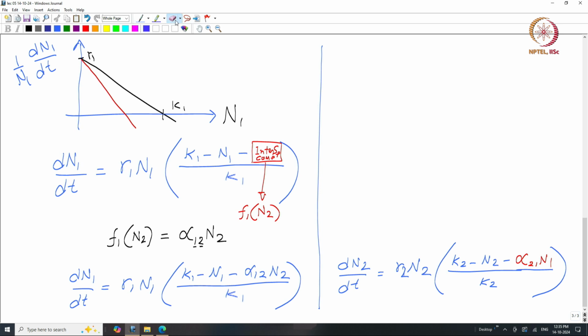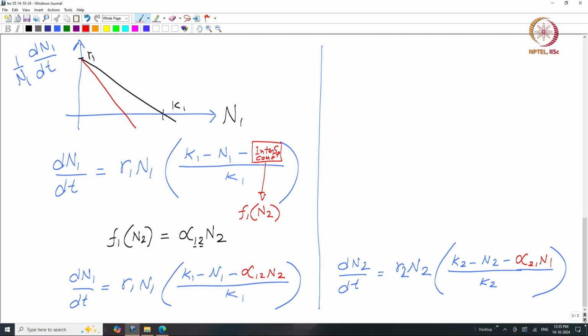To use the same colors on both sides, let me write this also as alpha 1 2 n 2. Okay. So, the red term in both the equations captures the effect of competition on one another. Okay. So, now these are called Lotka-Volterra equations.